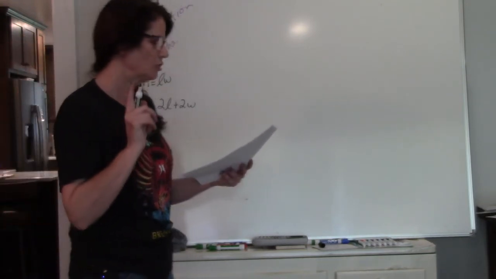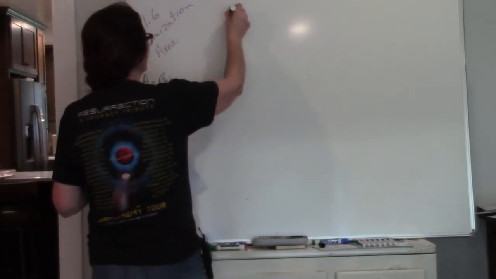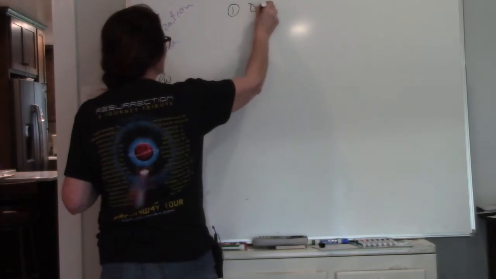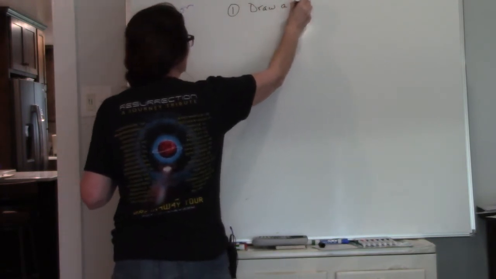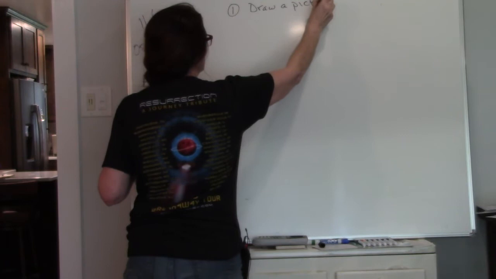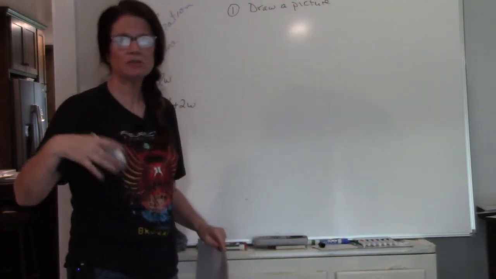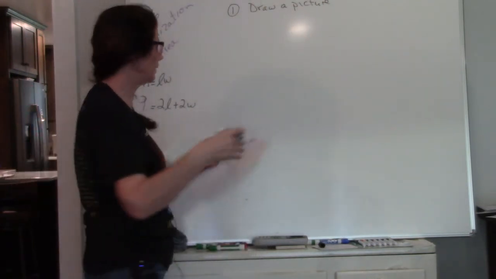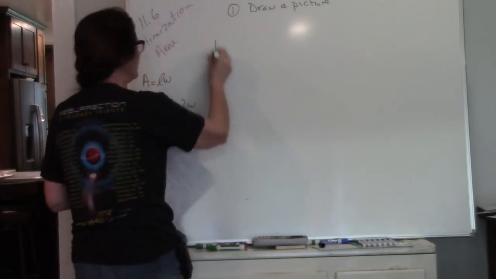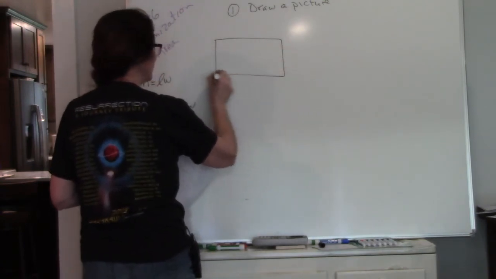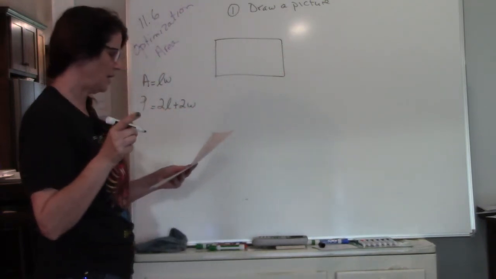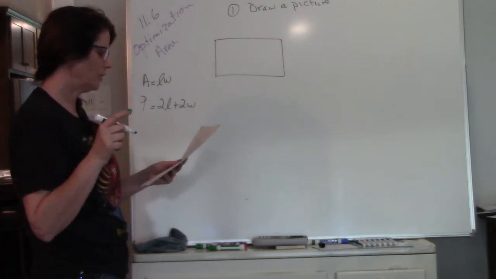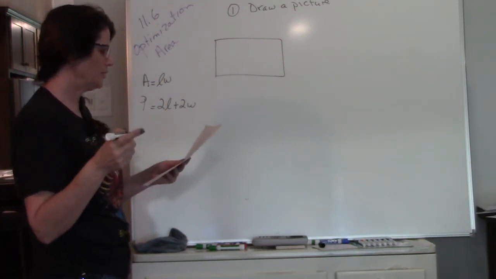All right, so the first thing that we want to do is we want to draw a picture. Now sometimes we can draw a picture, sometimes we can't. So in this case, we can draw a picture. So we have a rectangle. We're looking for the area, the maximum area, when the perimeter is 76.